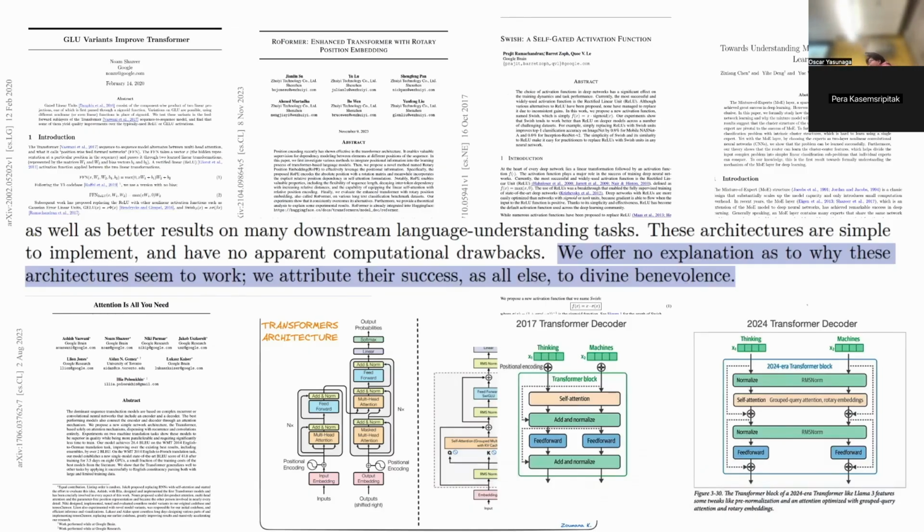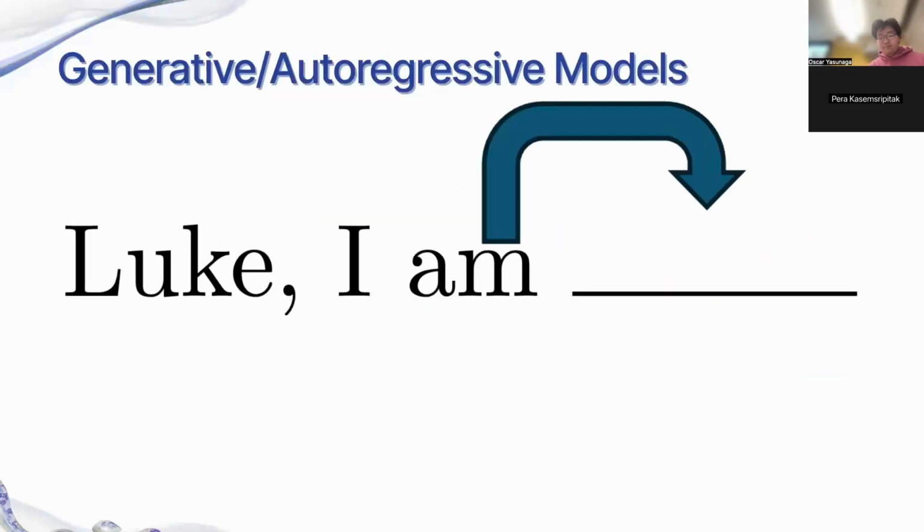I like to bring up this quote because I think it's very relevant: no one knows why these work. They work really well. And at least for this one author, he puts it down to divine benevolence or something not well understood.